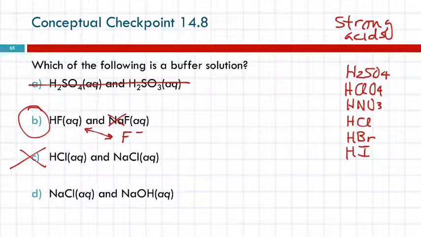And for Chem 3A, just having enough clues to guess the correct answer will get you through, right? So when you look at this, there's no acid in that. So you don't even have to think any further. That can't be a buffer because there's no acid in there. We can tell that because nothing starts with H. You've got to have something that starts with H that's not on the list, and then you have to have the conjugate base. Any questions?